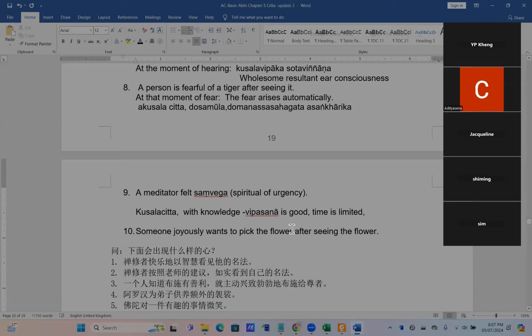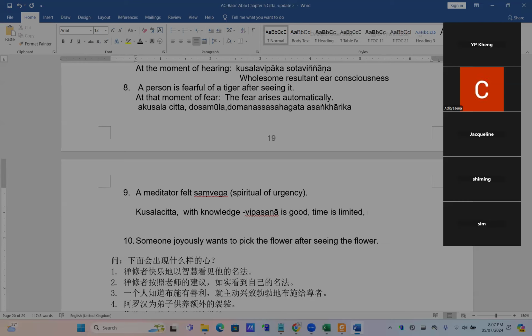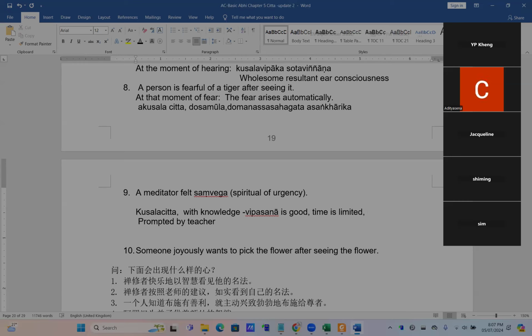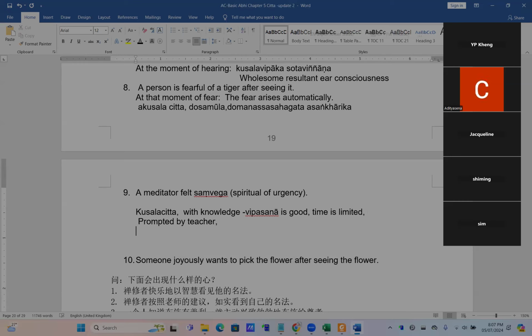If you say prompted, you must ask who prompted him. Maybe by a teacher or role model. It can be prompted by a teacher, or unprompted, which means automatically, by himself. Either one. Okay, thank you. So like this we contemplate.